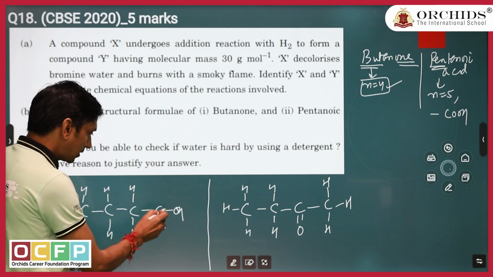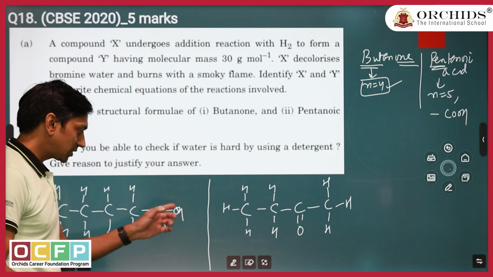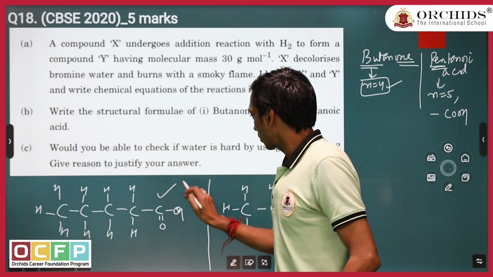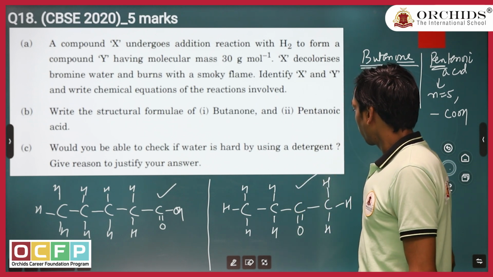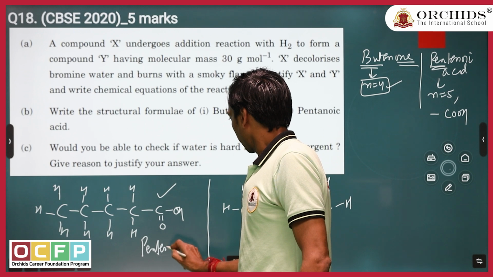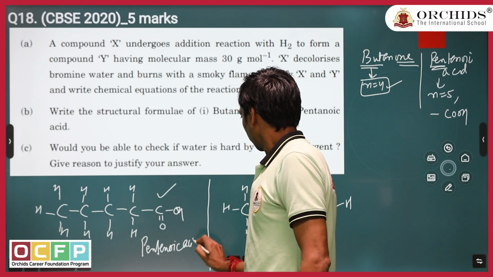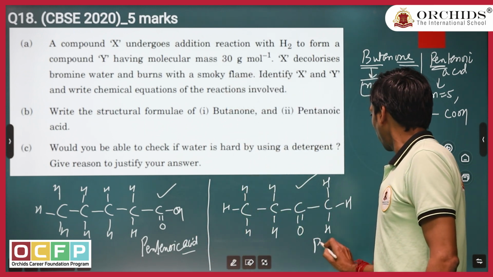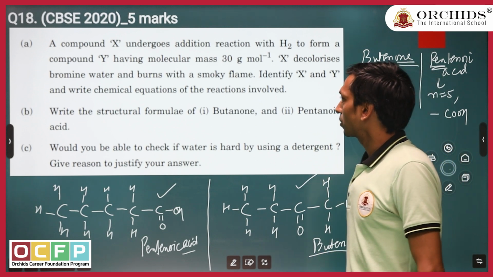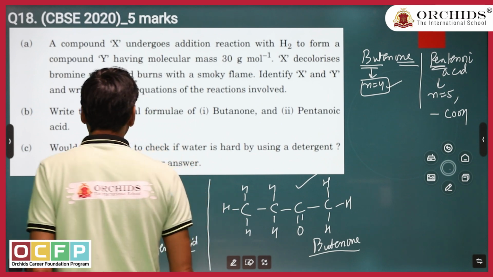Here you can see that carbon valency is already satisfied, oxygen valency is already satisfied, hydrogen can form only a single bond. So this is the structure of pentanoic acid, and this is the structure of your butanone.